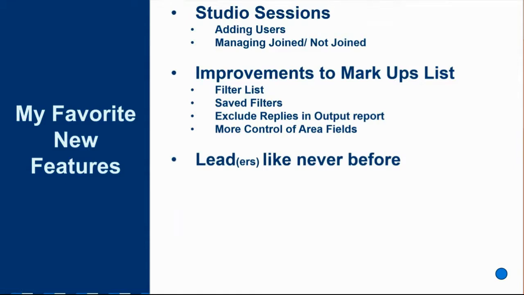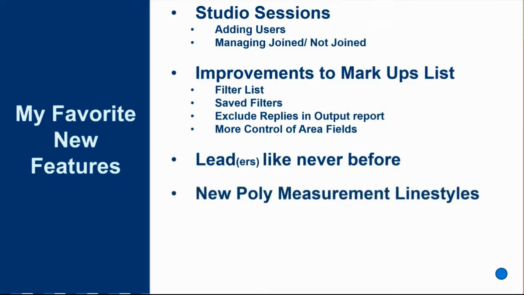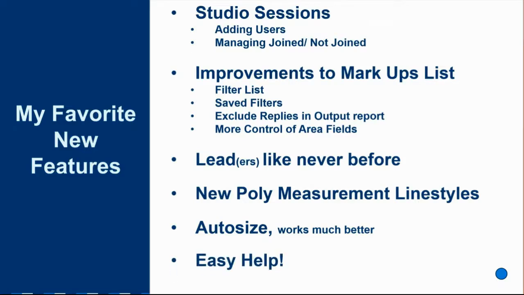I'm going to show you how you can now add leaders to pretty much all the things you wanted to before. We're going to talk about the new poly measurement line styles and all the things you can do with line styles. And then auto size, which works so much better than it did before. And finally, but not least, the easy help button.